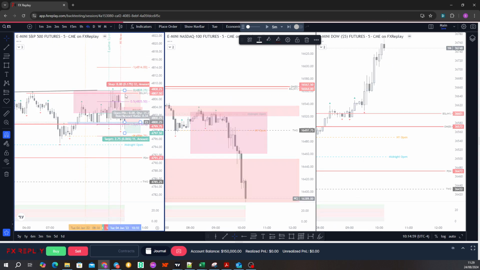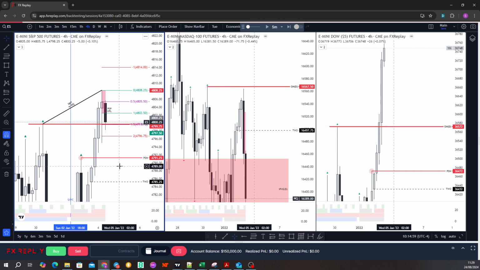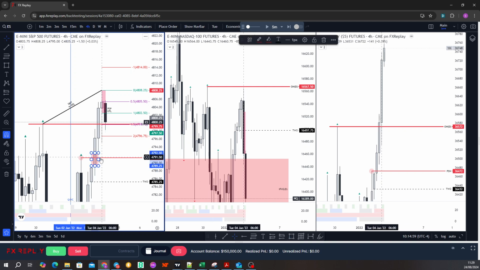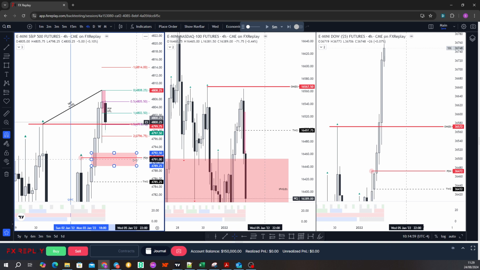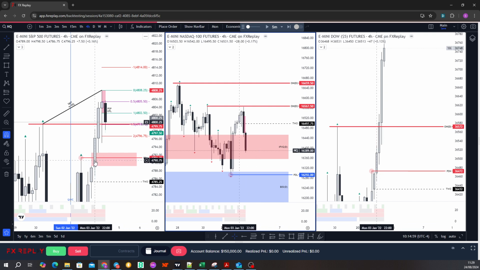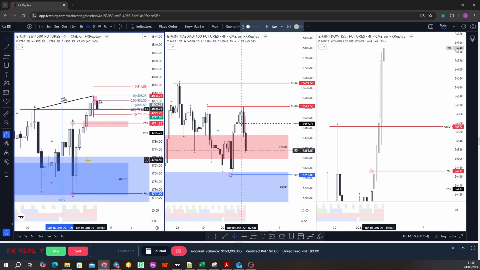Now if we go to the H4, which is important, we can see on the H4 from there, it's already traded through.